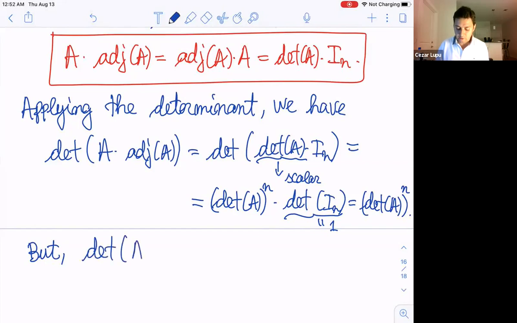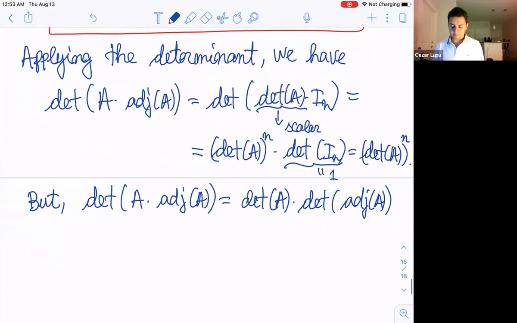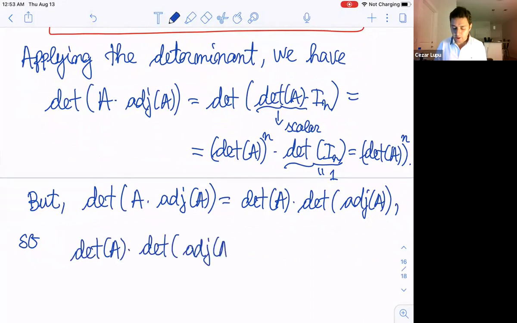So the determinant of A times the adjugate of A is the determinant of A times the determinant of the adjugate of A. So we obtain that the determinant of A times the determinant of the adjugate of A is just the determinant of A to the power n.